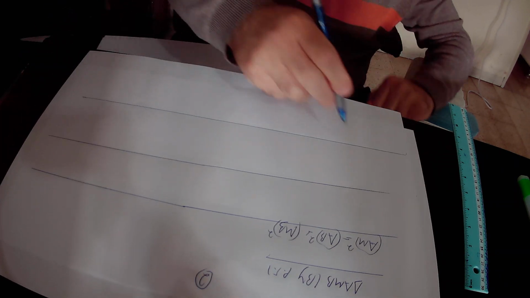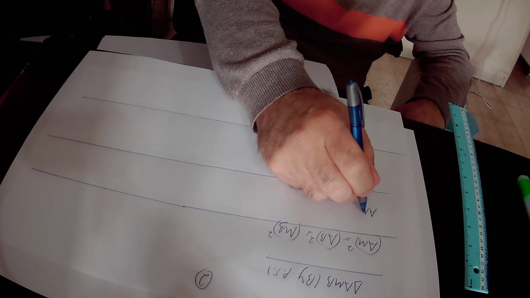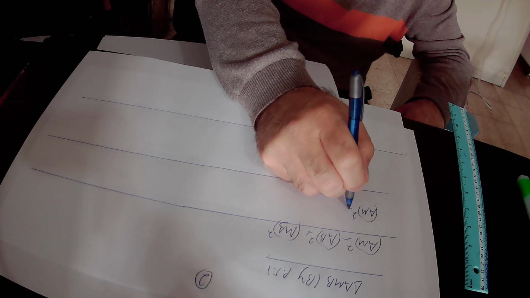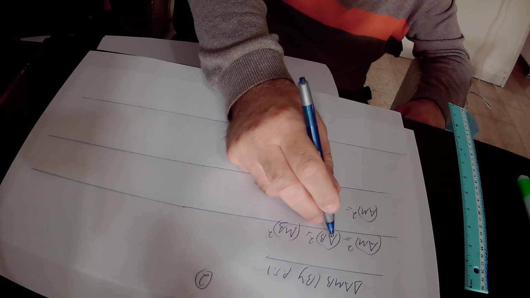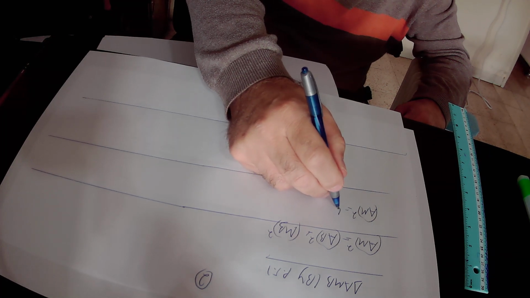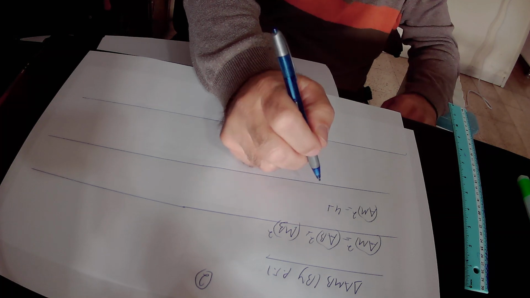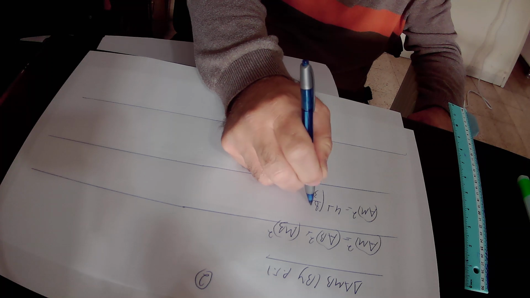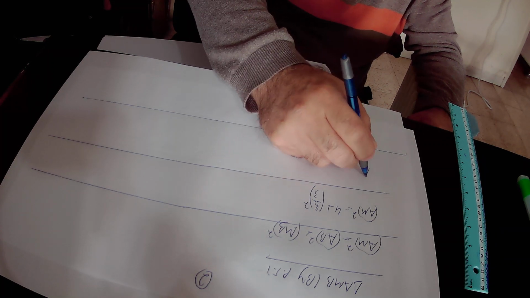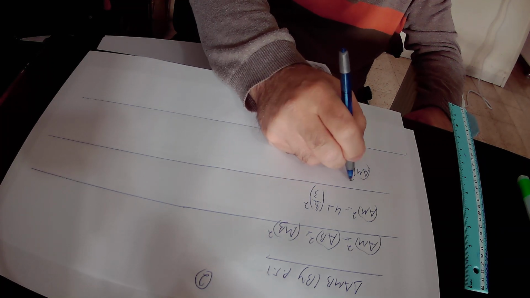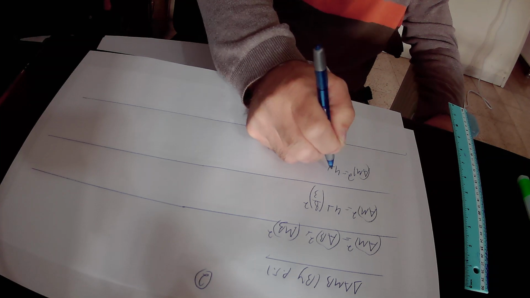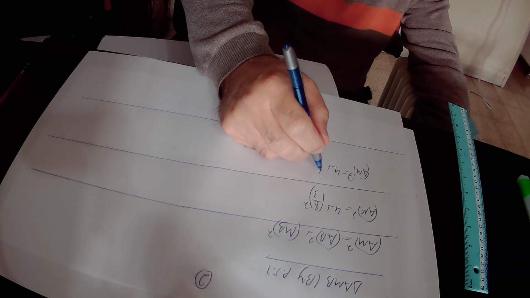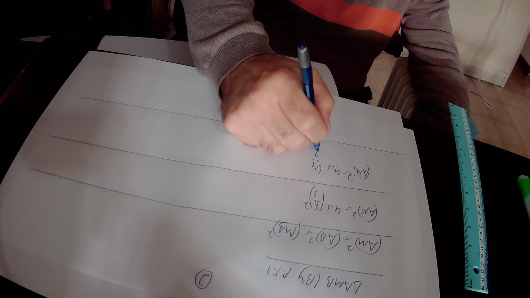So AM squared equals AB squared. AB is 2, so AB squared is 4, plus MB squared. MB is 8 over 3, therefore MB squared is 8 squared, that is 64, over 3 squared, that is 9.